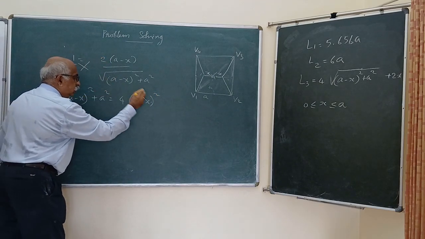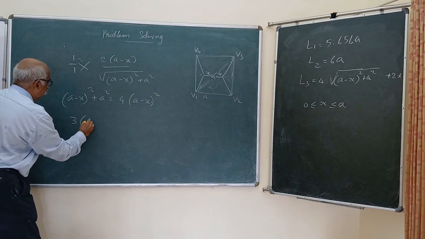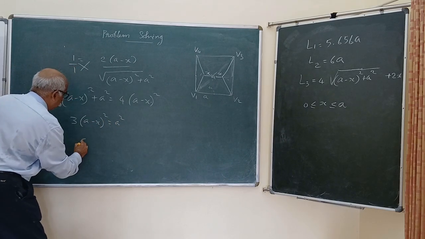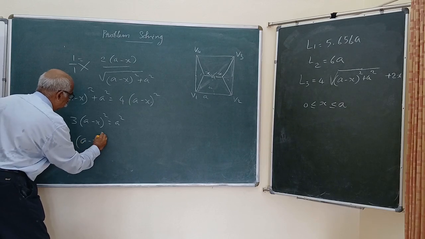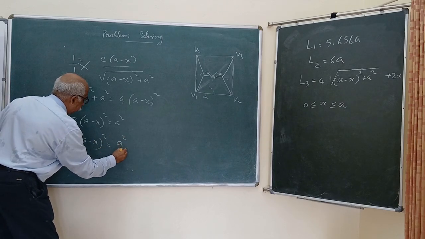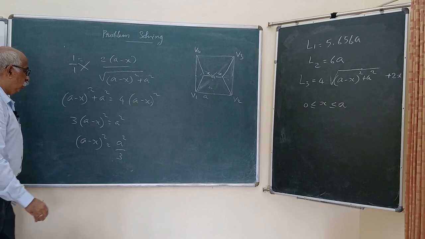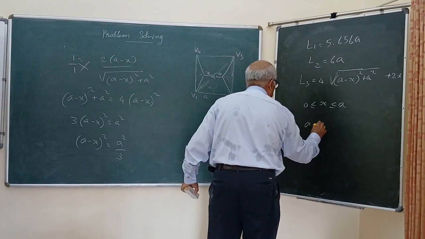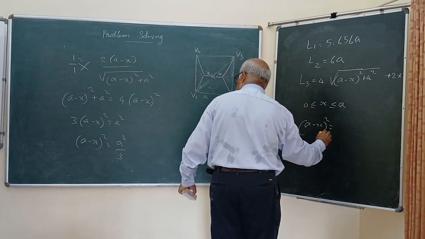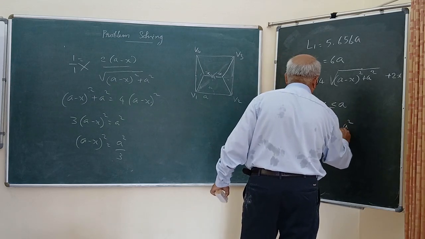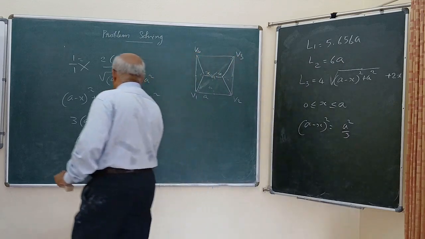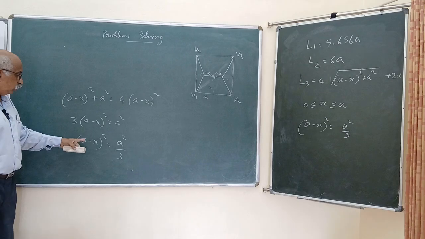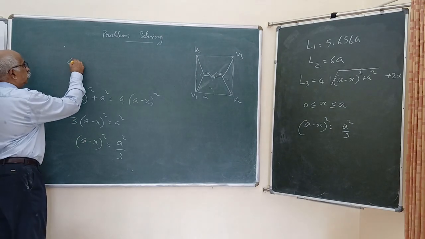One (a minus x) square is taken to the other side. 3(a minus x) square is equal to a square, or (a minus x) square is equal to a square by 3.